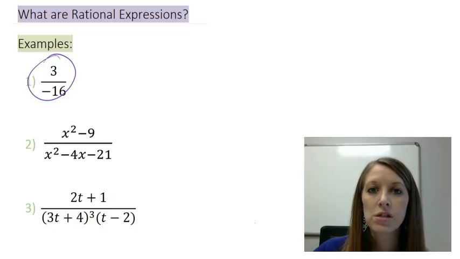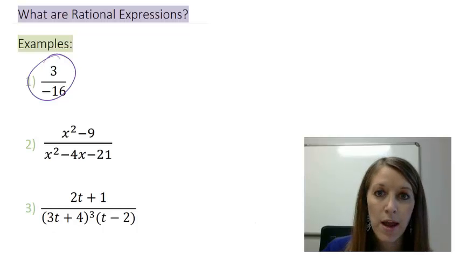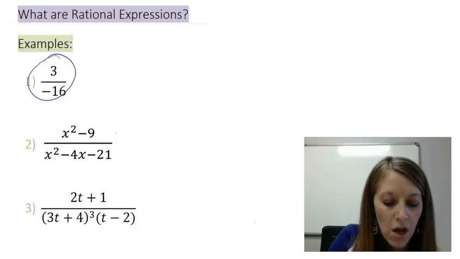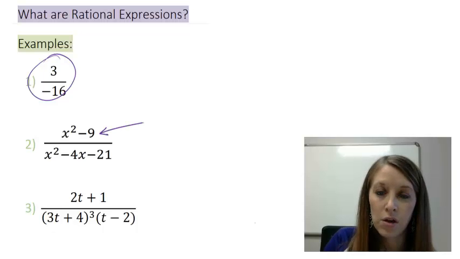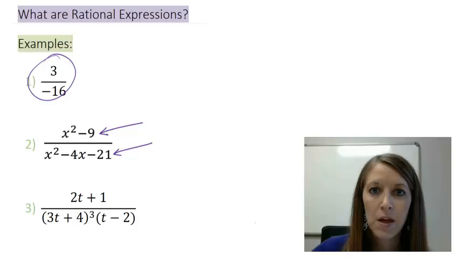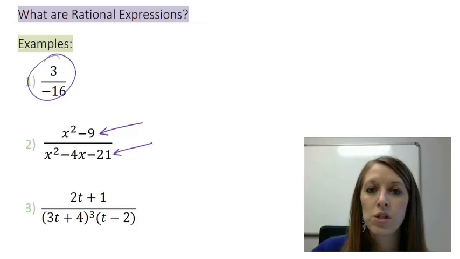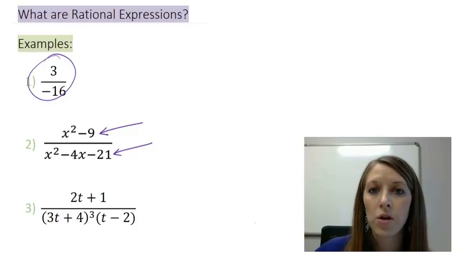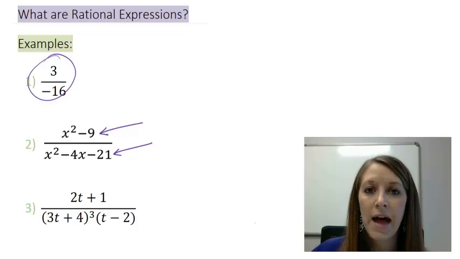Rational expressions are fractions in which we have polynomials involved. Notice we have a polynomial in the numerator and we have a polynomial in the denominator. And it makes sense that we're doing this section of videos next because we just talked about polynomials and factoring in the last 2 sections.